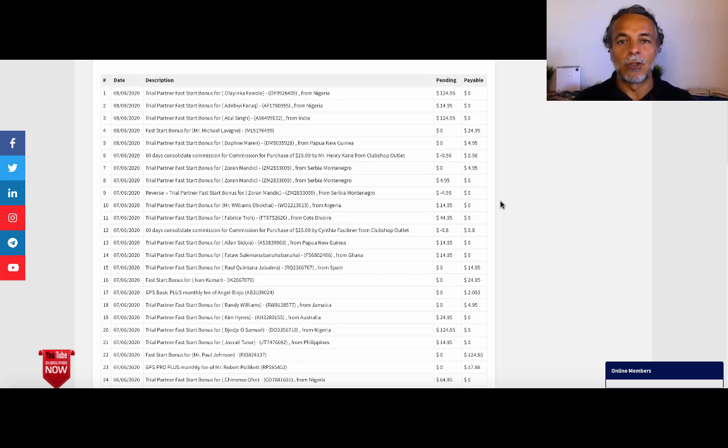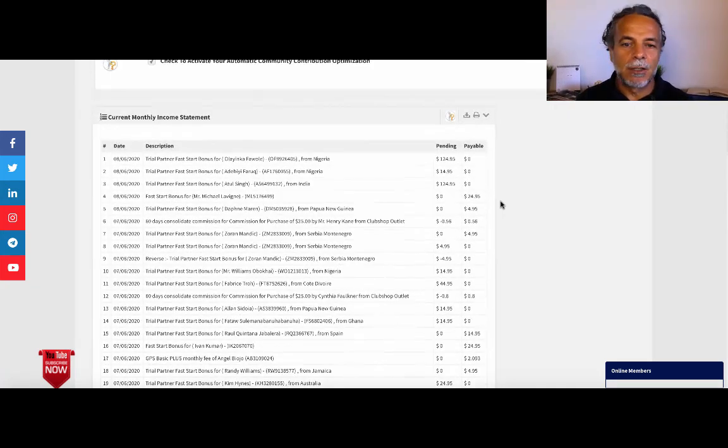I'm talking about the other products in the Clubshop mall. Also, those stores don't credit those commissions to us immediately. So initially we credit it immediately once you submit the form, but then they remain pending. Okay, so this is the difference. Make sure that you understand the difference between pending and payable.